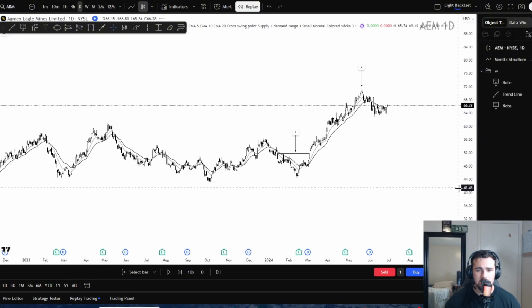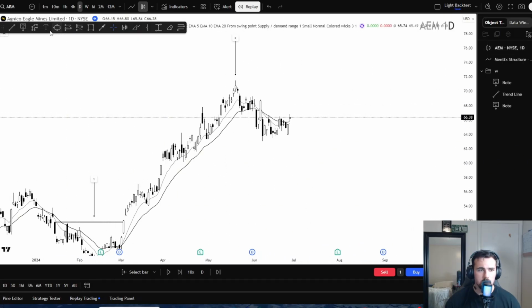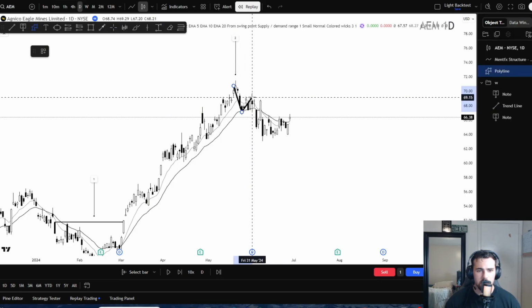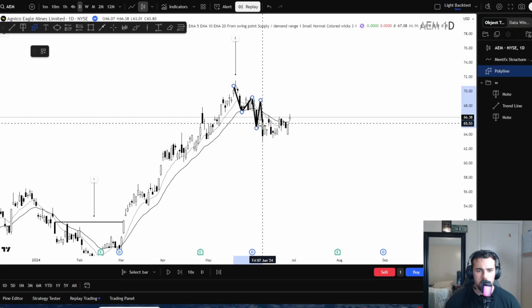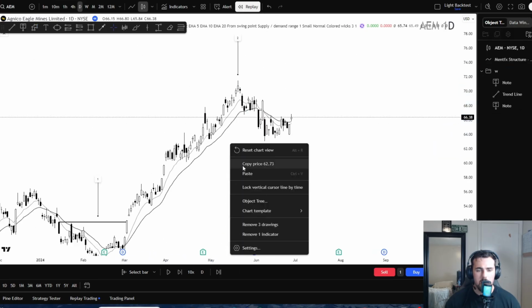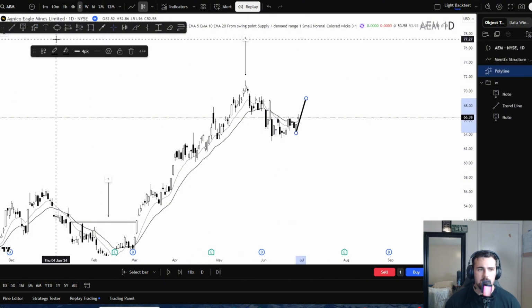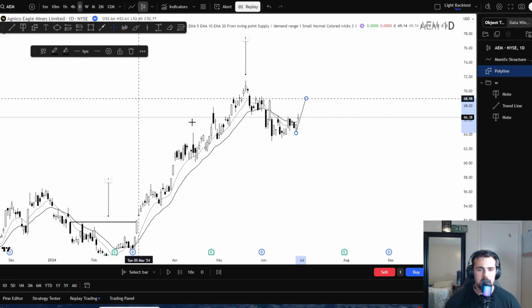Now on the daily time frame, we can see here that we've kind of gone through a breakdown. It's kind of done high, lower low, lower high, lower low, lower high, lower low. And then it's kind of playing around here. So what I want to see on the daily time frame is a big impulsive move that showcases money's buying this to the upside.